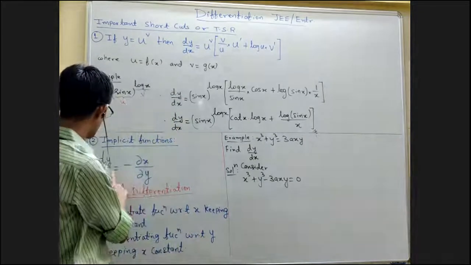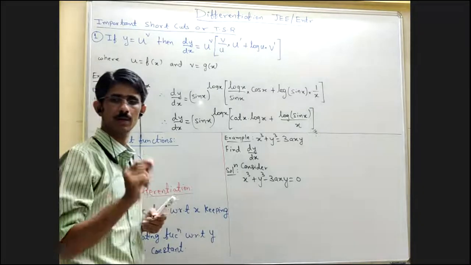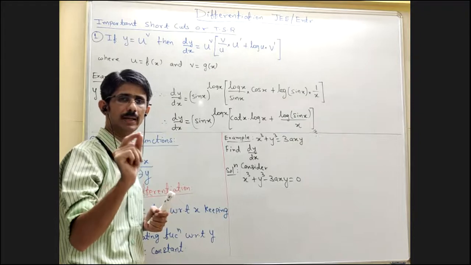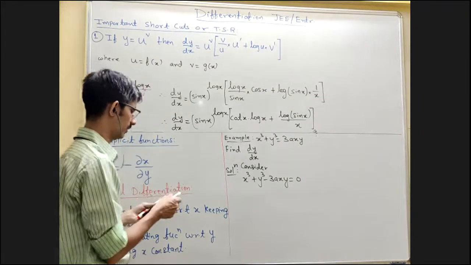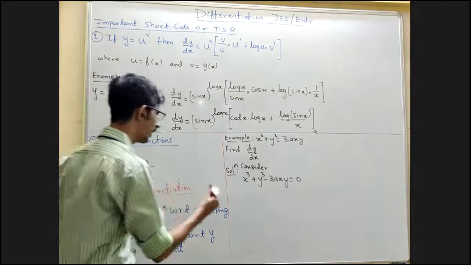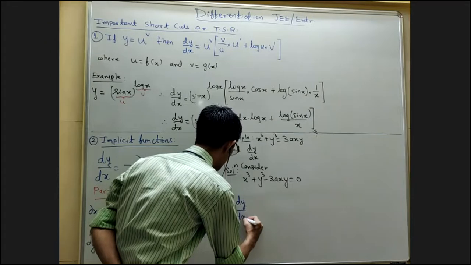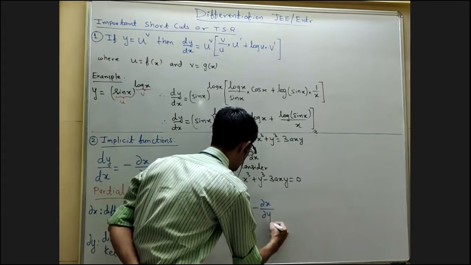Now what we are supposed to do is use the partial differentiation concept. So please pay attention for 5 to 7 minutes. Let me write and explain, and then you can write down for your reference. Okay? Now look, what does the shortcut say, students? How do we get dy by dx? It is nothing but minus del x upon del y.